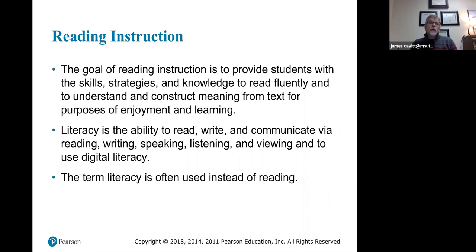So you'll see literacy instead of reading. Now, the science of teaching reading is required for everybody learning to become a teacher. So you'll get that in block and some of your other classes, and some of your reading classes. So that's important to remember.